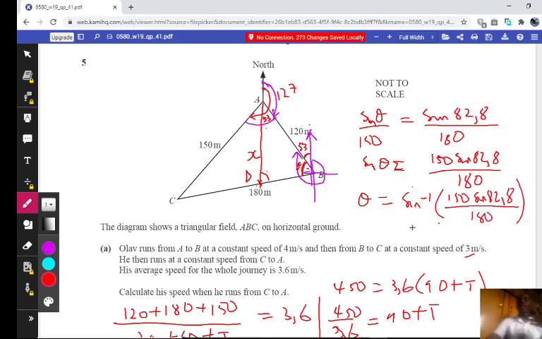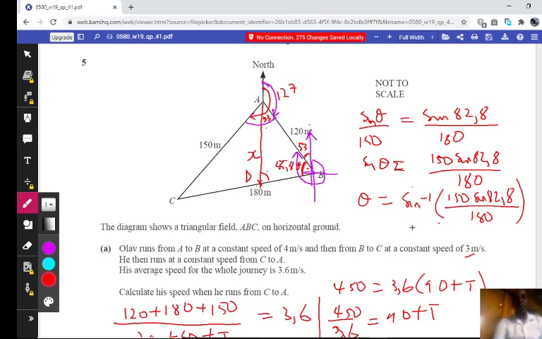Then just find your calculator. 150 sine 82.8, then divided by 180, then arc sine of the answer. You get 55.76, which is 55.8.